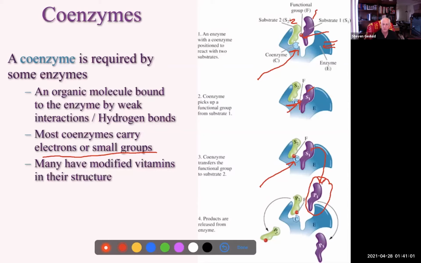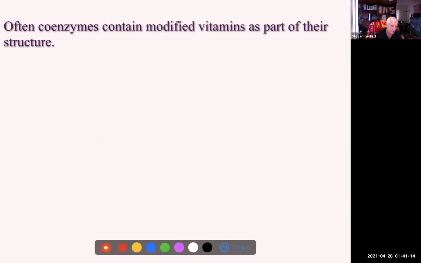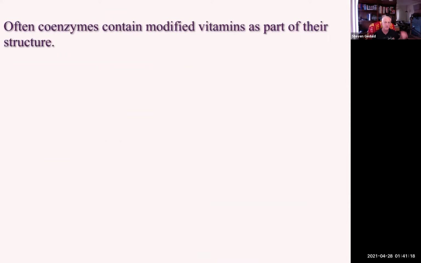The product is released from the enzyme, and the enzyme is regenerated just as it was, and it would not function unless this coenzyme was present. It allowed the transfer. So often coenzymes contain modified vitamins, like we said, as part of their structure.